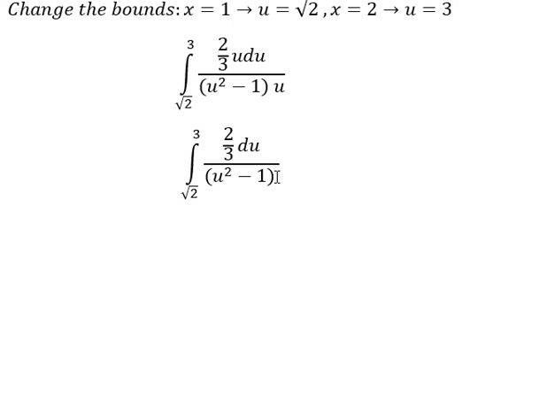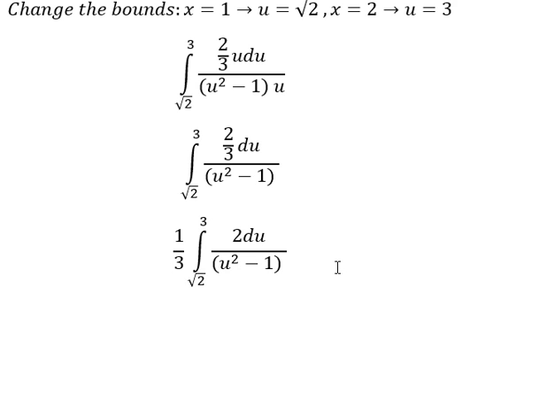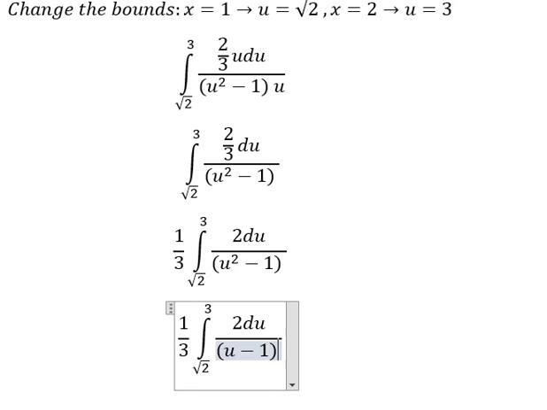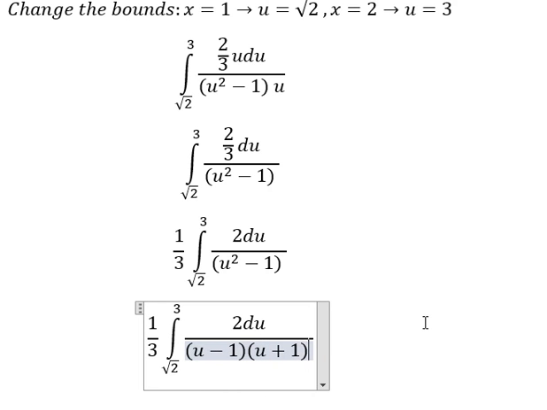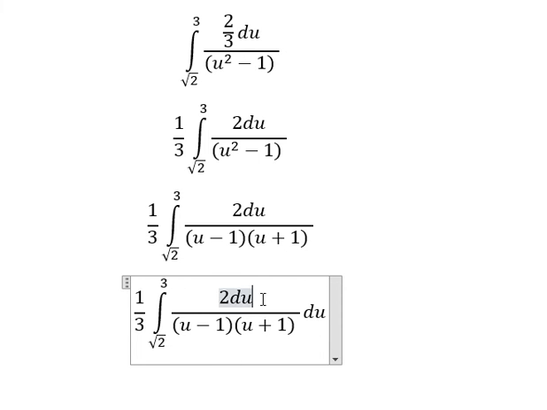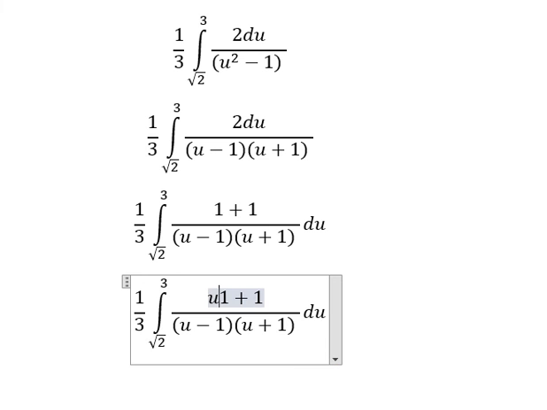The next one, I will put 1 over 3 in here. So this one is about identities. I will put u minus 1, u plus 1. So number 2 in here is 1 plus 1. So we need to add u in here.